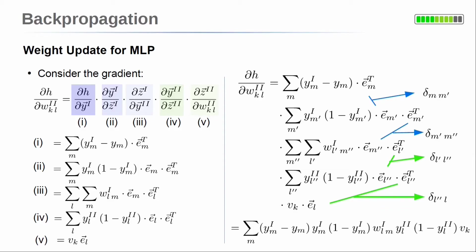Similarly, we have l prime equals l double prime and l double prime equals l, so that l equals l prime equals l double prime. We have summations over l prime and l double prime, which both collapse, and l prime is l and l double prime is l as well.